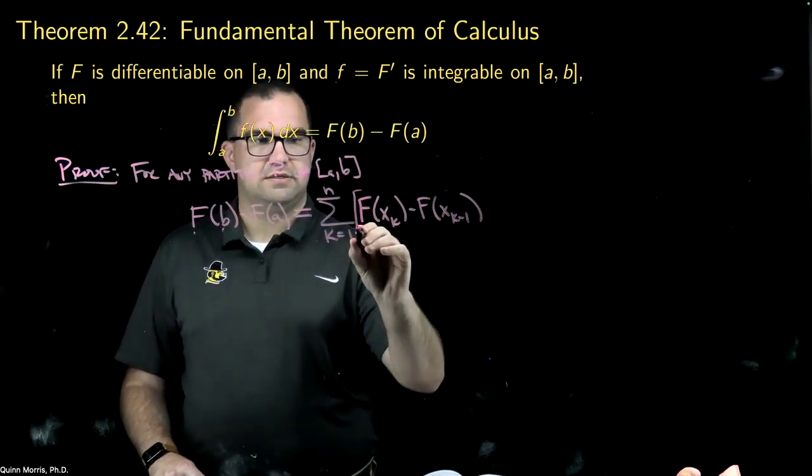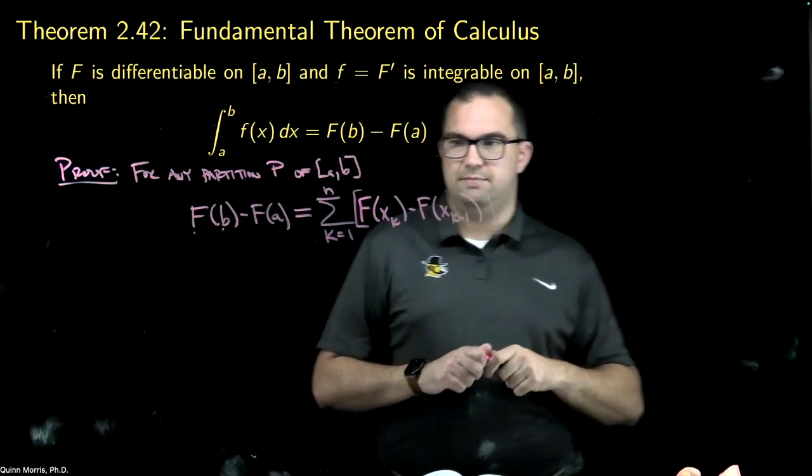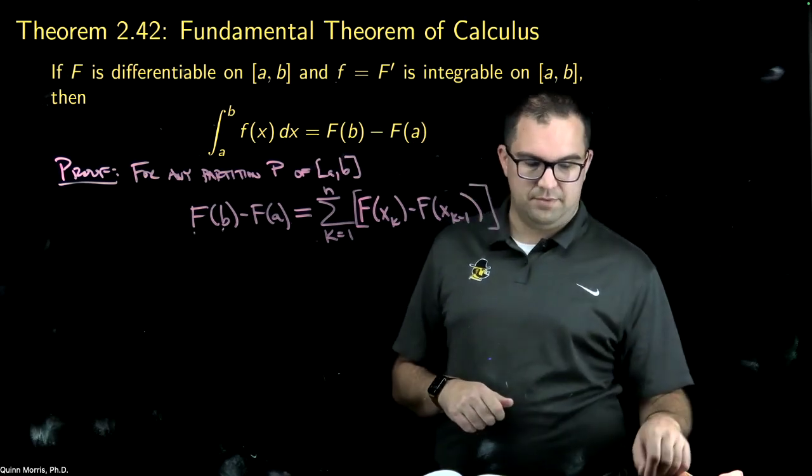I'm going to write this as the sum, k equals 1 up to n, of F(x_k) minus F(x_{k-1}).